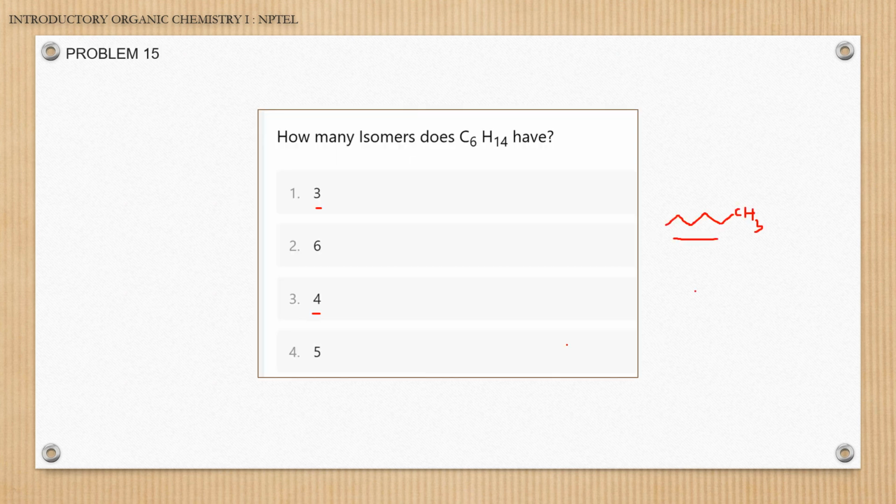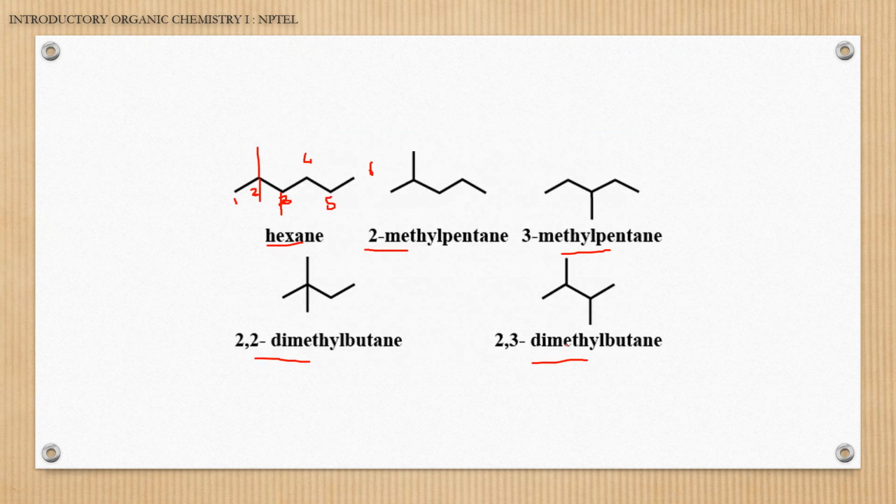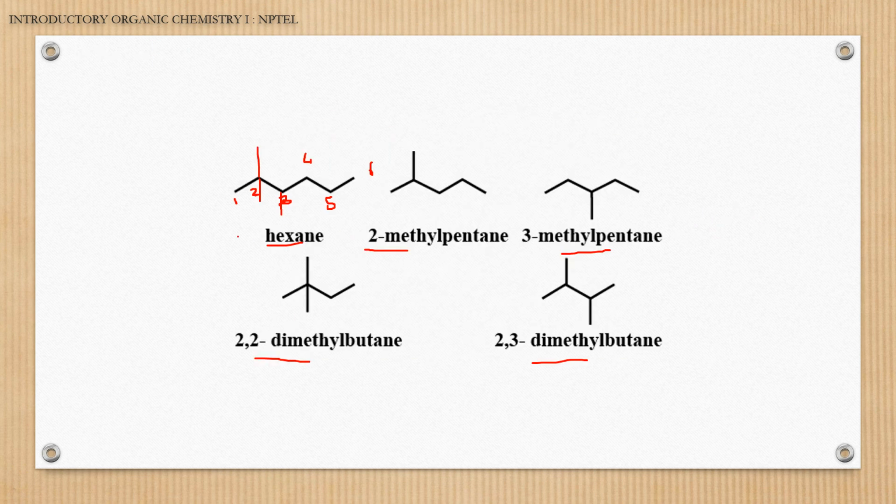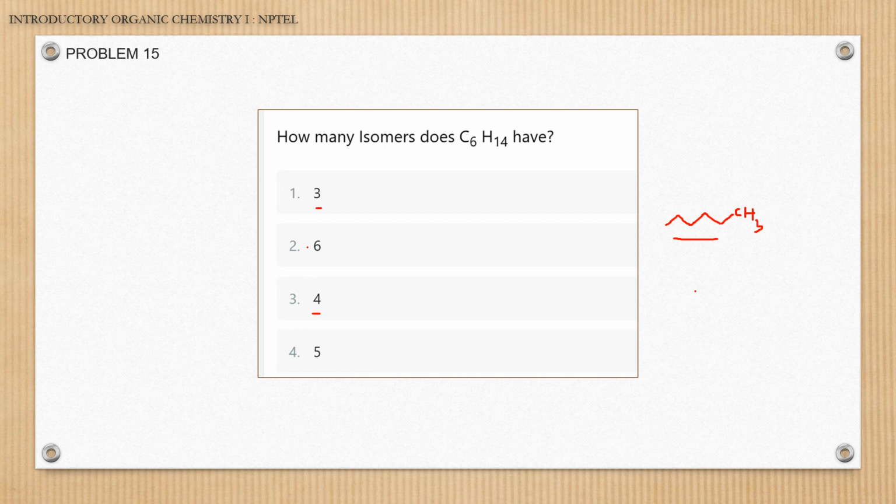Ma'am, when we are considering this isomer question, should we consider n-hexane or not? Actually, in the question they have given hexane, na? So it is the n-hexane. No, you don't have to count the n-hexane. If they are saying calculate all the isomers for hexane, hexane is basically n-hexane, so it is not an isomer.